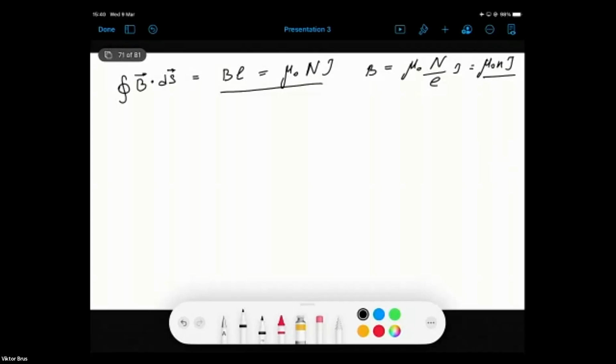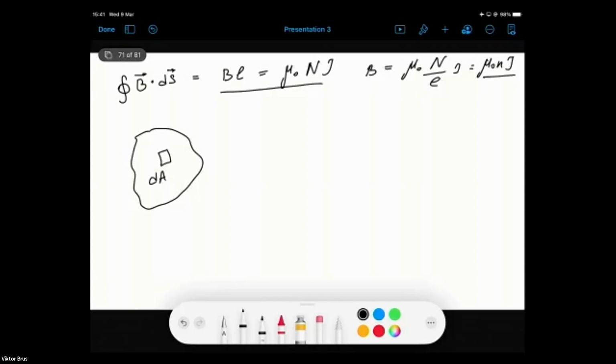So let us assume some arbitrary shape body with some surface. We will consider some small surface element dA with the area dA.